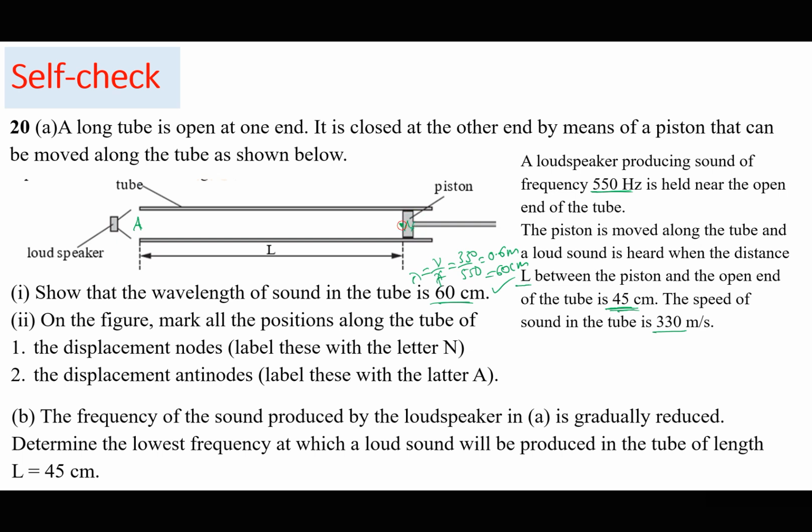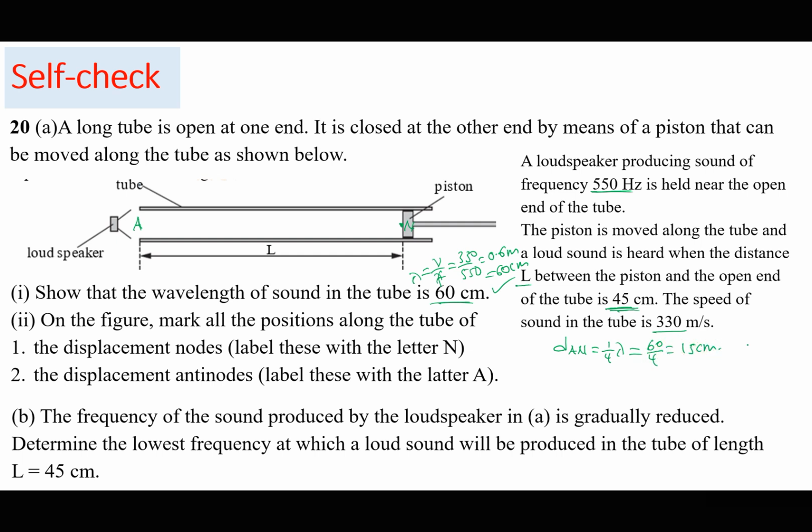That is one. However, remember the distance between an antinode and a node is equal to a quarter of a wavelength, which is going to be 60 divided by 4, and this is 15 centimeters.